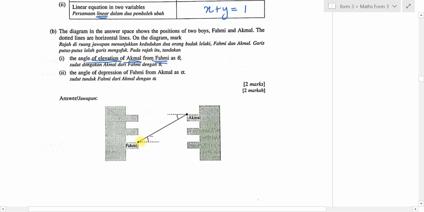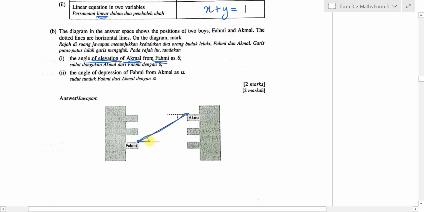From Fahmi looking. If they never give you this line, you need to draw it. They supposed not to draw this line, but it's okay, the question is very generous towards you. So Fahmi and Akmal, you draw one line first.